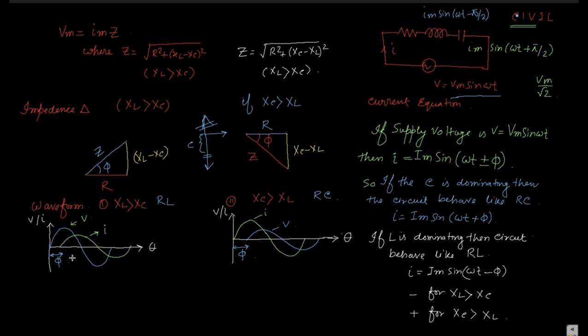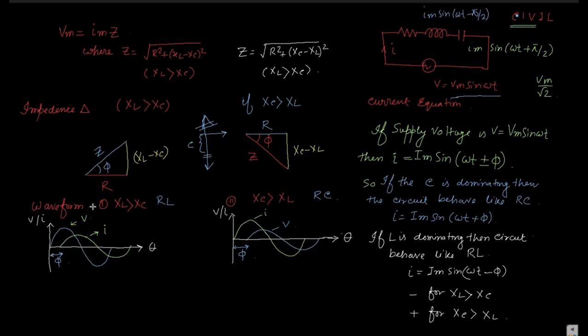Okay, so now the last part is the power triangle. What is the power triangle for XL greater than XC? For XL greater than XC, the R is the active power.